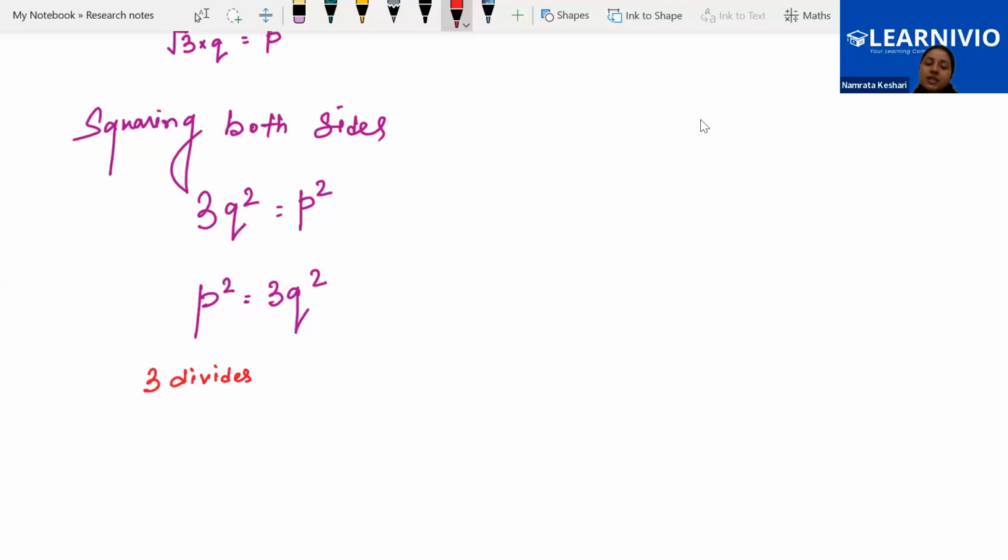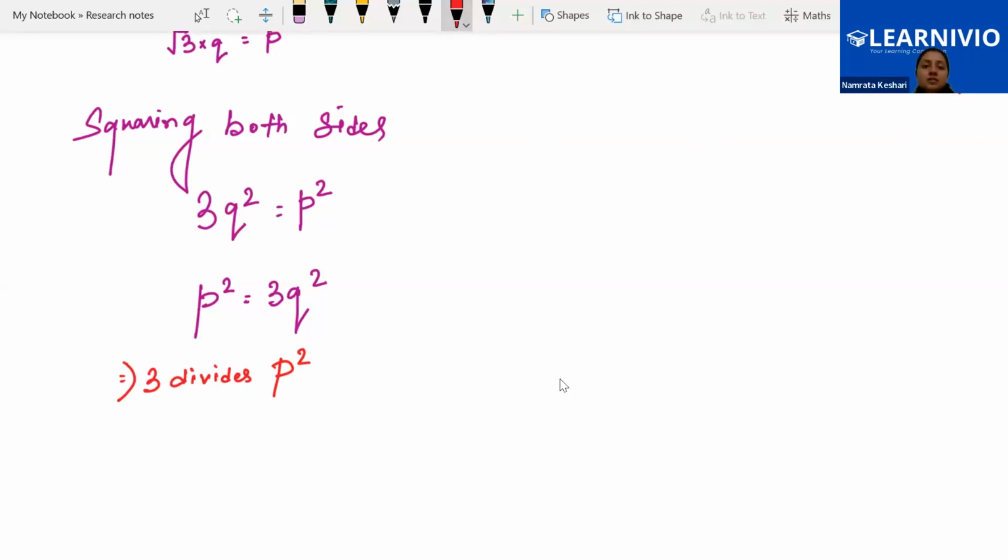Yes, ma'am, we can. This is what we have learned just now. We have written our number 6 as 2 into 3 and we said that 2 divides 6. Similarly, we have taken a lot of variables and seen the cases. So like that we can make the conclusion here that 3 divides P square.